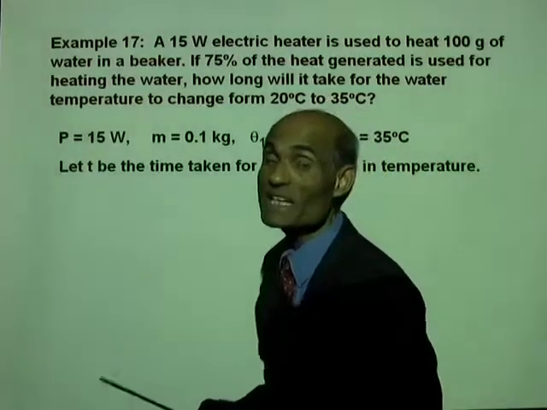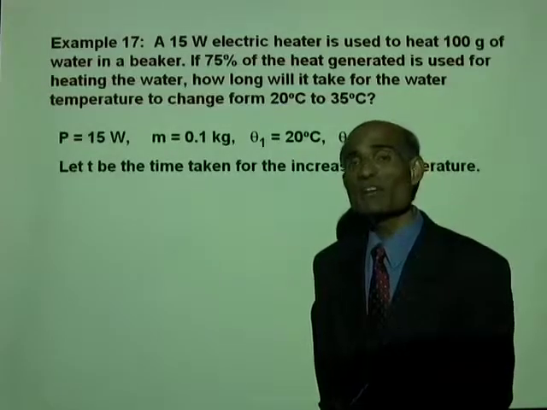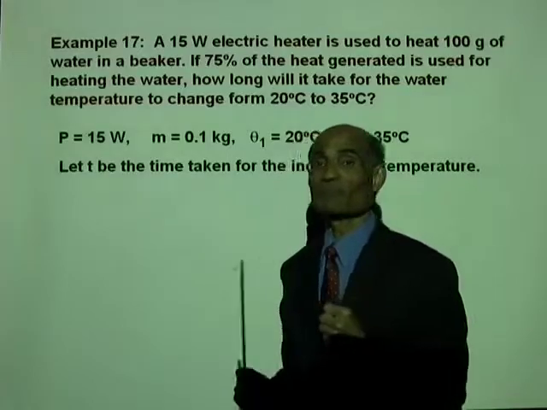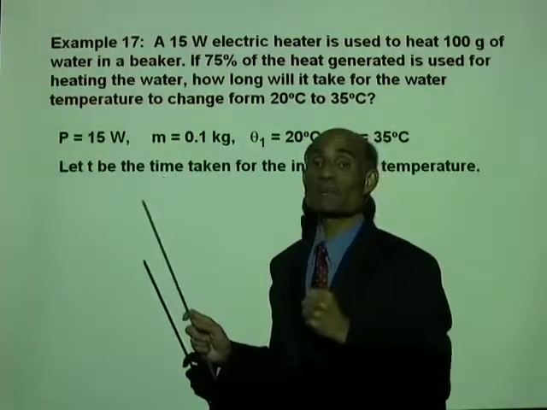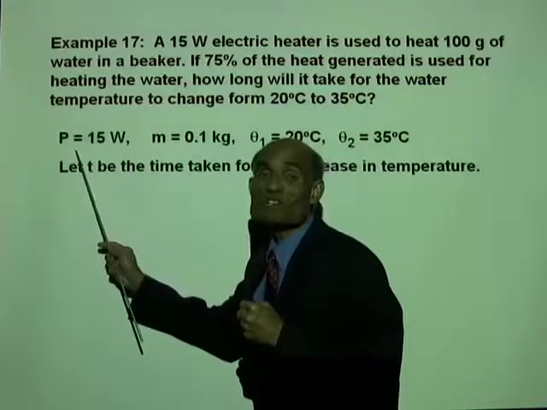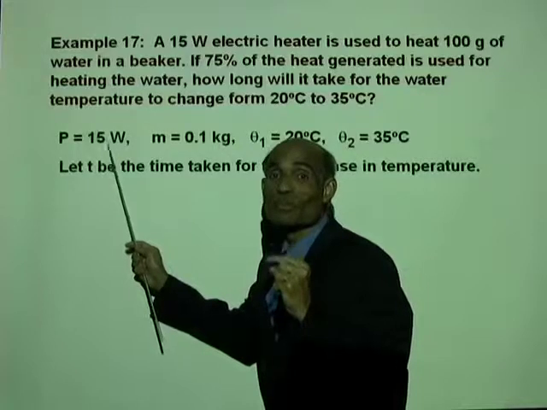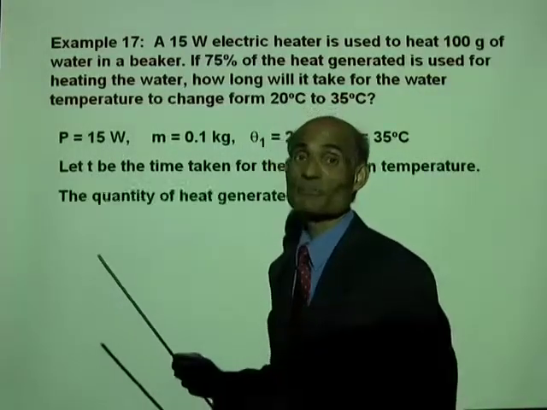Alright, if T is the time taken, what is the amount of energy used during that time? What is the amount of energy produced during that time? How much energy is produced in 1 second? 15 joules. Therefore, how much energy will be produced in T seconds?